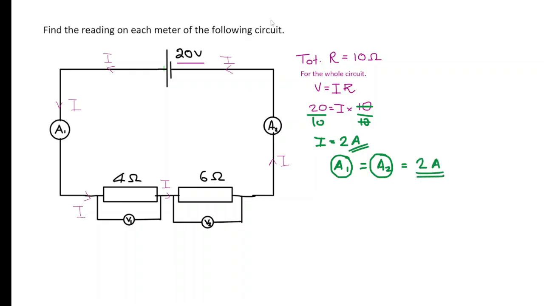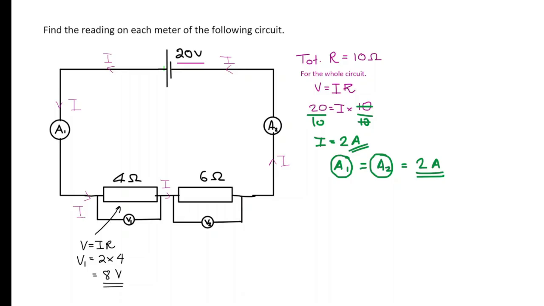Now, we know the ammeter readings. I can write V is equal to IR for this resistor. So V1 is I, the current is 2, R is 4, 2 times 4, 8 volts. I can do the same for this one, or there's another quicker way.